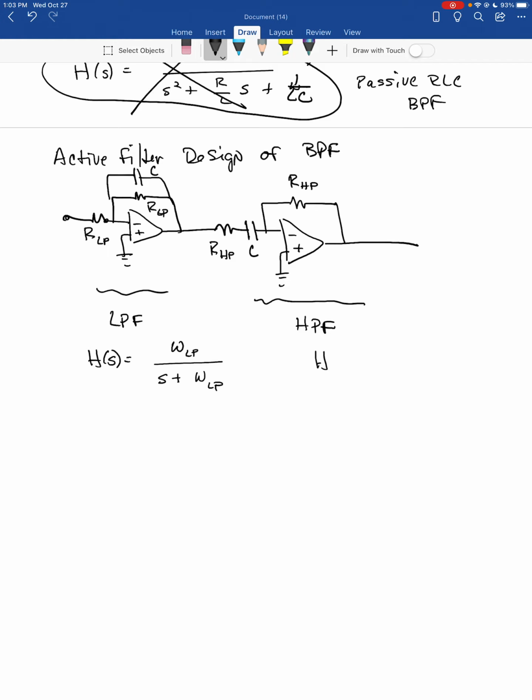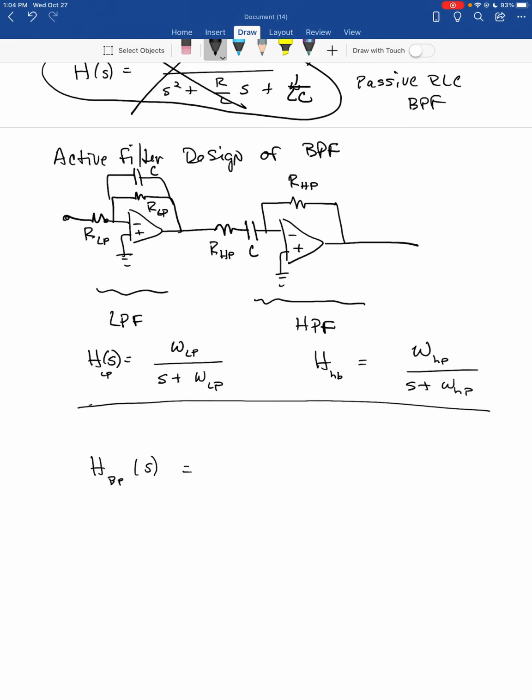And for the high pass it is omega high pass over S plus omega high pass. Oh sorry, I made a big mistake here. On this high pass, we have to have an S in the numerator.